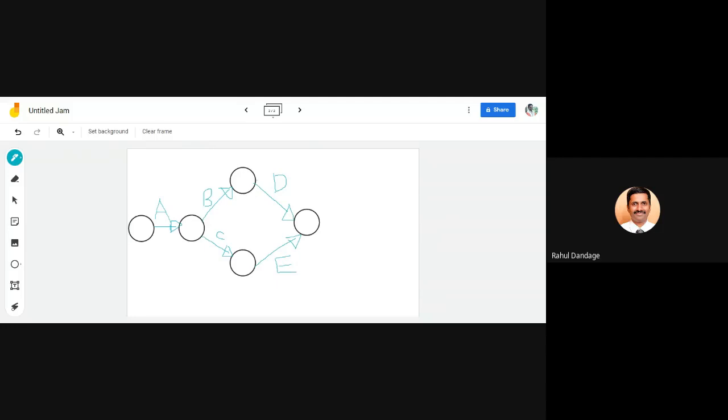Activity F depends on D and E. Start when D and E are completed. So D and E completed means this particular event. I can start with F. And the last activity G, what they have said is, start when D, E and F are completed.